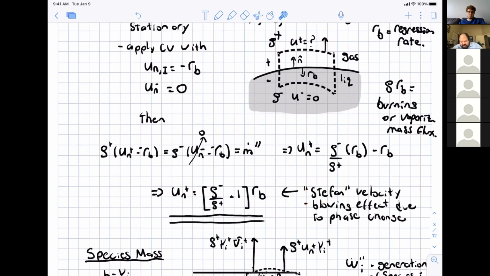Even if the liquid is stationary, as the surface vaporizes, the molecules are expanding in volume by a factor of 1,000. So the density here is roughly 1,000 times smaller than it is over here.